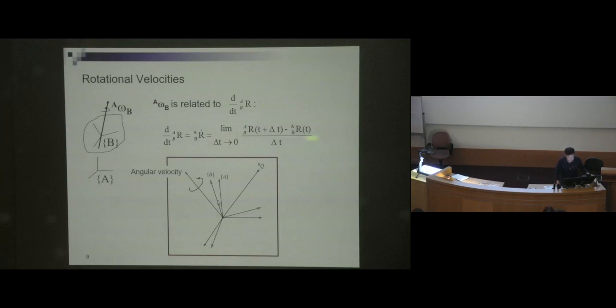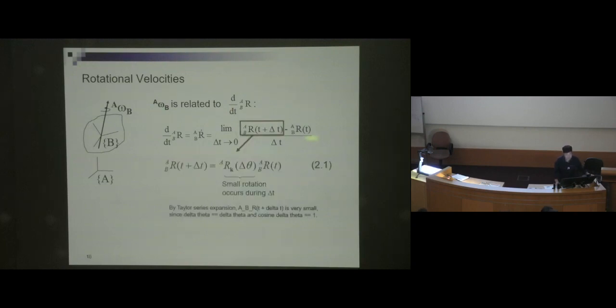So if I have frame A, frame B, this is B itself, and this is the axis for the angular velocity. This is ABR(t plus delta t). If you expand this, it will be ARk delta theta times ABR(t). This is a very small rotation occurring in delta t, because delta t is a very small time, so the angle of rotation will also be very small.